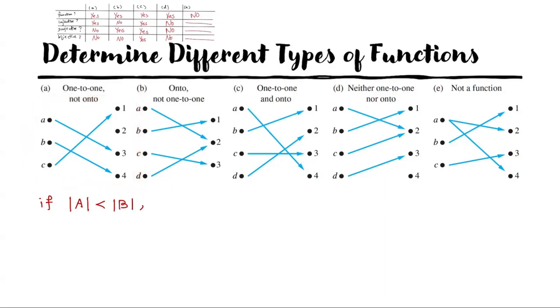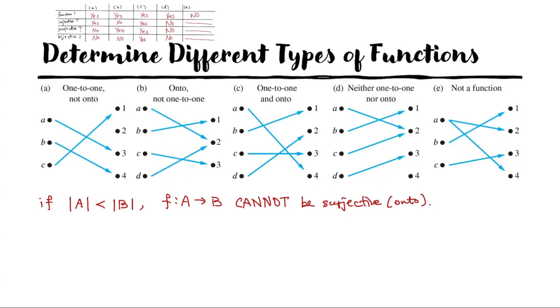Surjective, right? If your input set is strictly less than the output set, that means your function f from A to B cannot be surjective, which is onto.